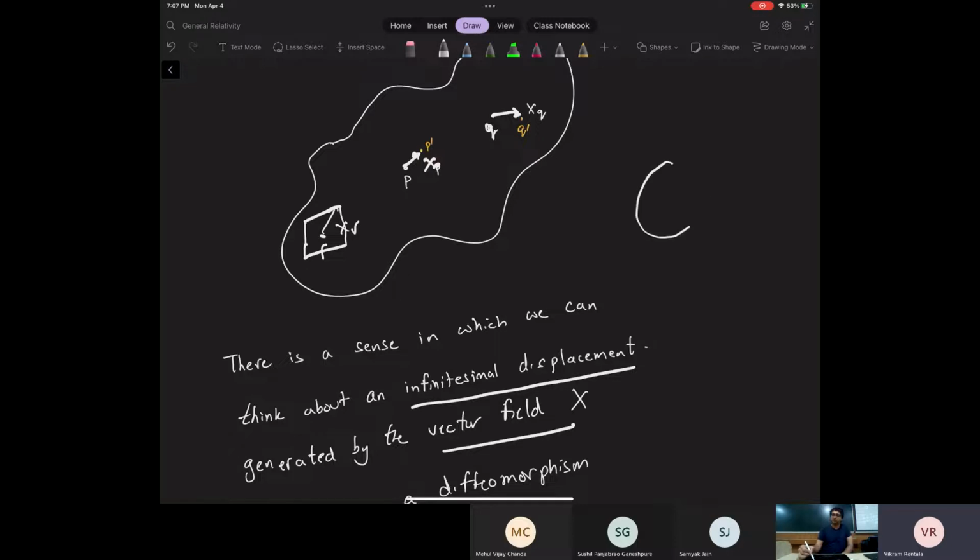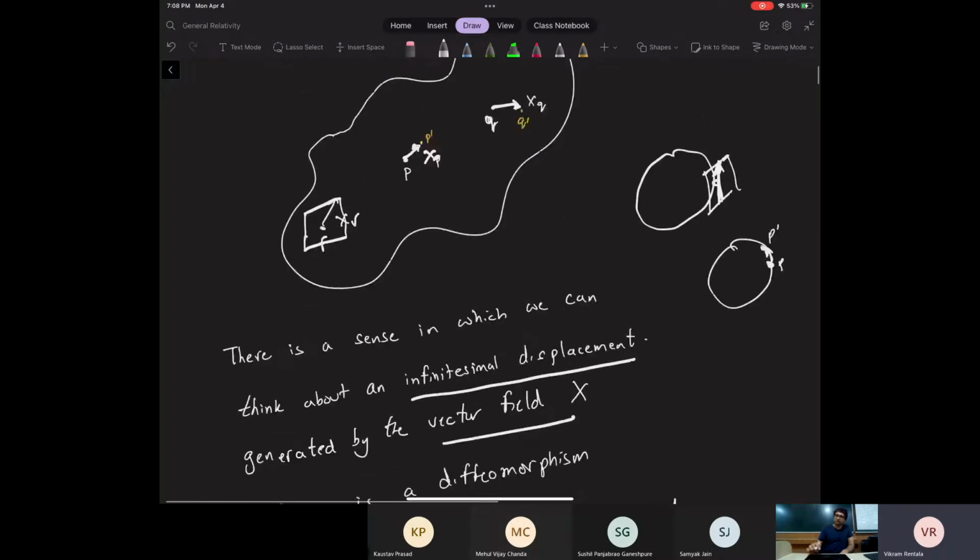For example, on a sphere, the tangent space at this point is the tangent plane. If I think about a tangent vector in this direction, I can think of it as generating an infinitesimally small motion of this point to some point along the sphere itself. Again, I'm not showing this rigorously.